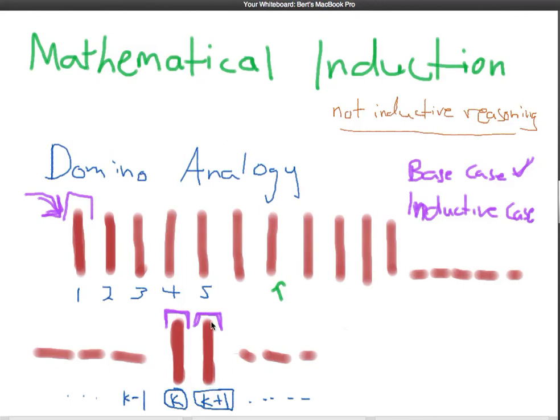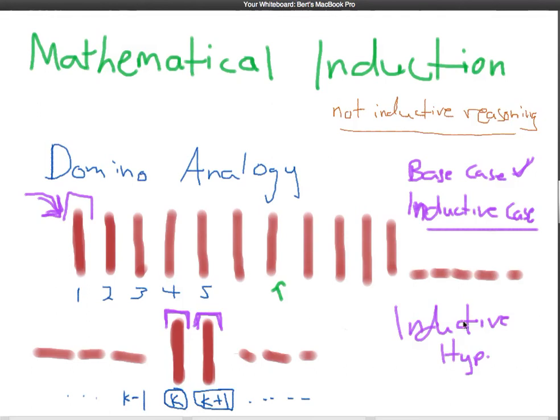That's the reasoning that I'm using to establish what we call the inductive case: if it holds for k, then it holds for k plus 1. And what's called the inductive hypothesis, it's a little messy, but you'll get the idea, is this: the inductive hypothesis.